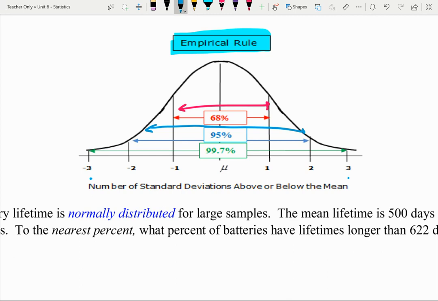So if we're looking at questions where we know the mean and we know the standard deviation, we can use the empirical rule to approximate outcomes here.